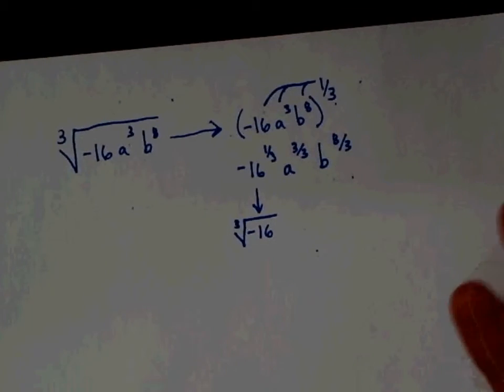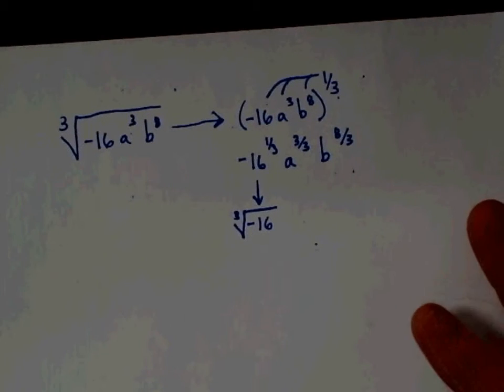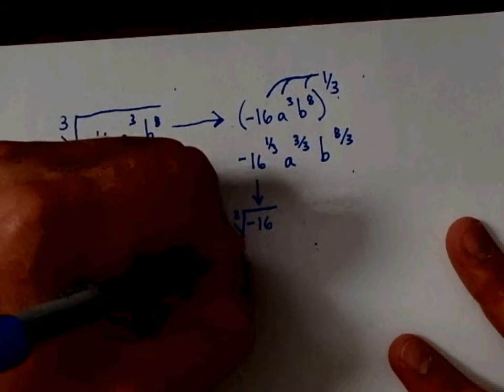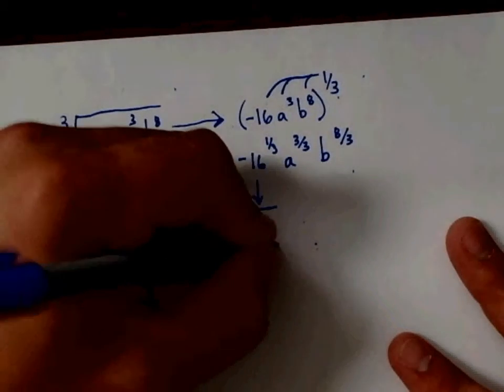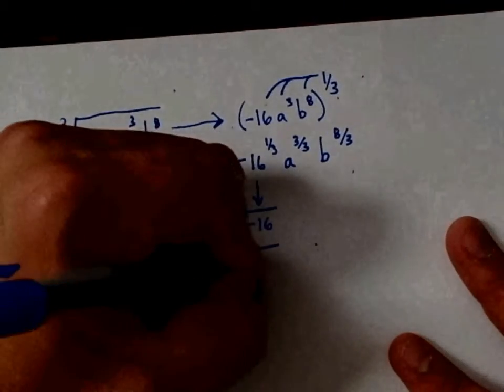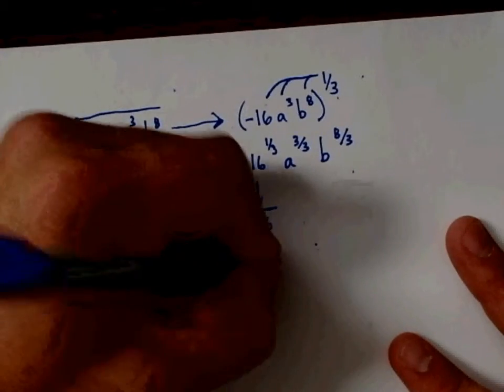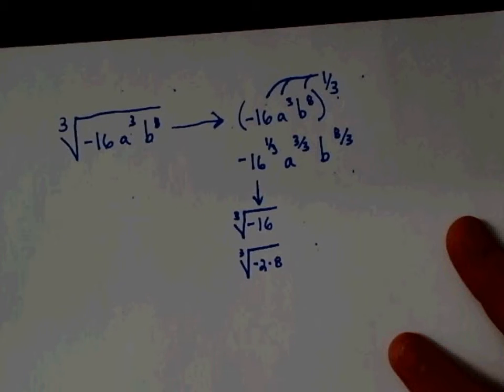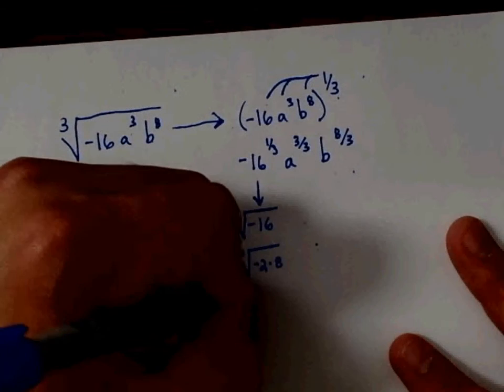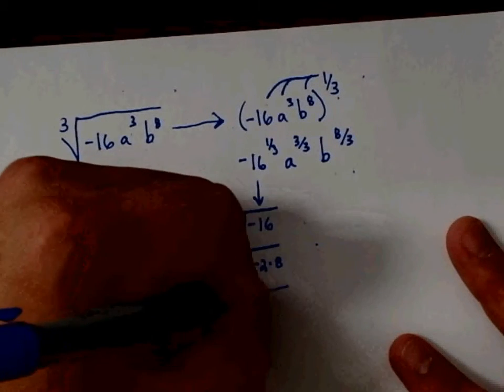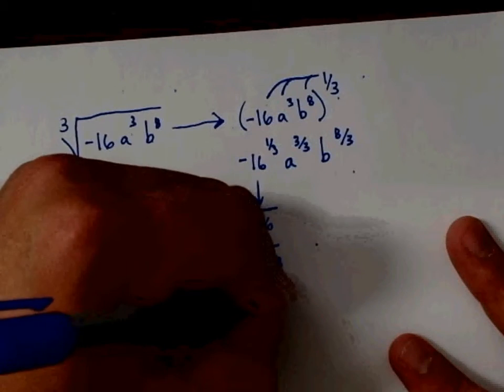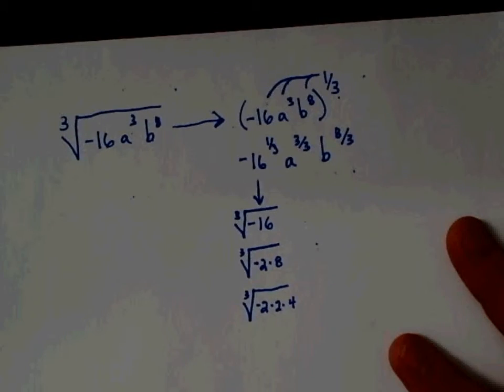So let's talk about what gives me negative 16. So we got negative 2, positive 8. And then your 8 drops under.